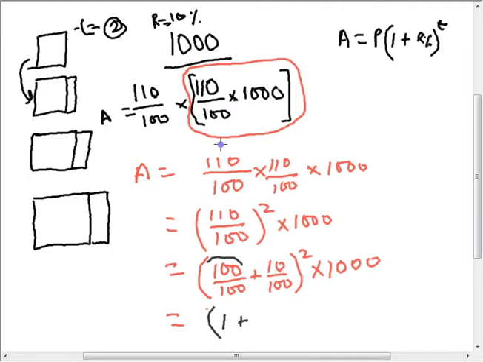Okay, so rate was 10%, so just write rate percent over here to the power of 2, because it was 2 years. So let's make that the time, t or n, whatever you feel like putting over here, and this becomes my principal, and this is my amount.